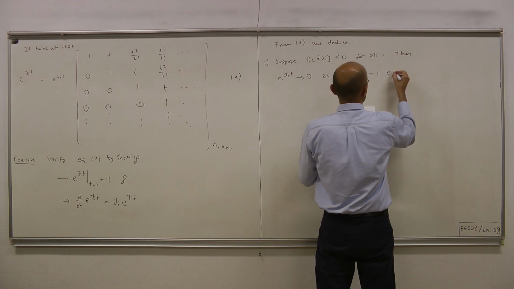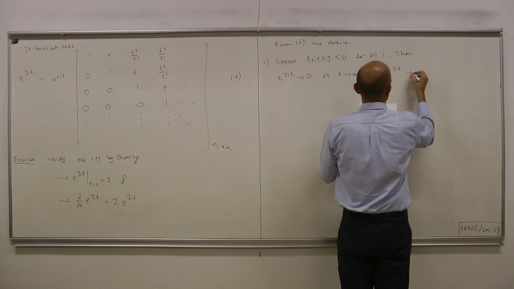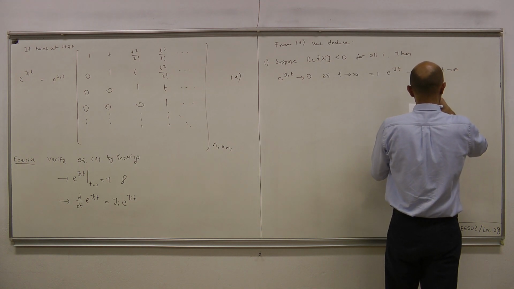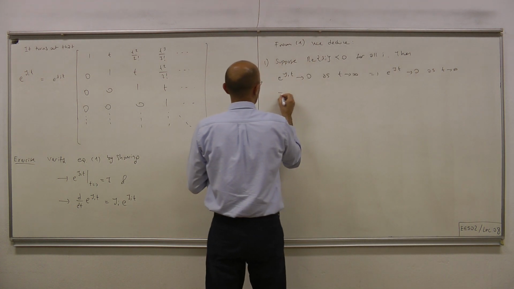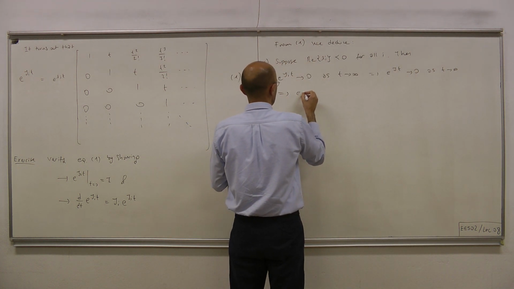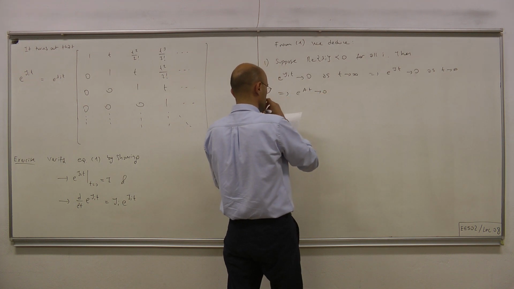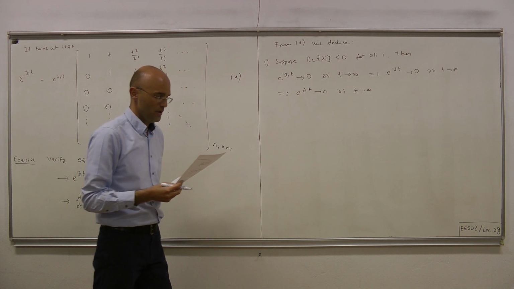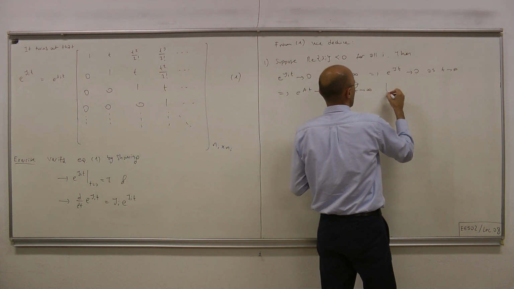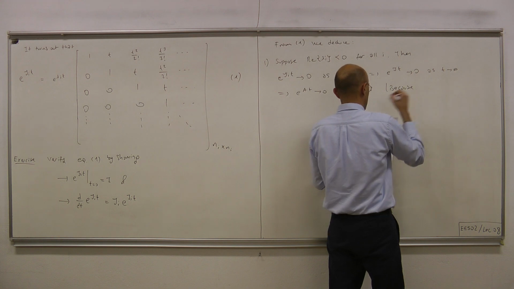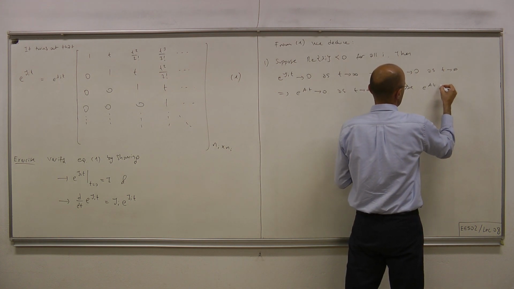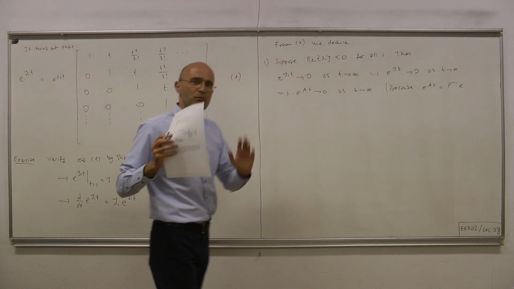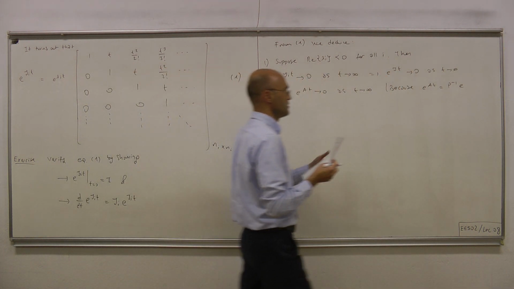And that implies e to the Jt will converge to 0 as t goes to infinity. And from that, we have e to the At converge to 0 as t goes to infinity, because e to the At equals e to the Jt sandwiched between two constant matrices.